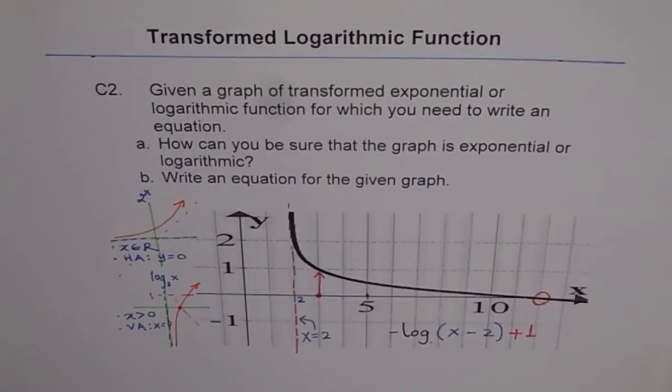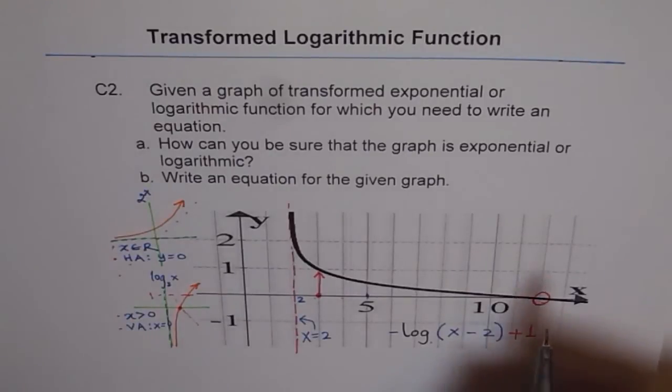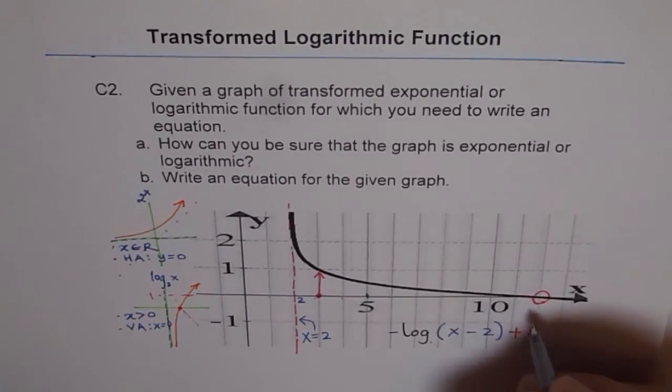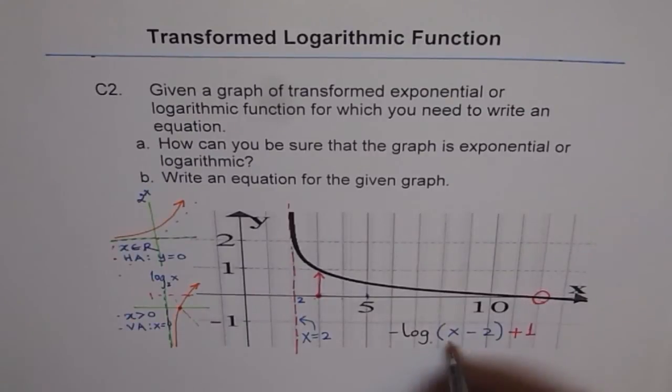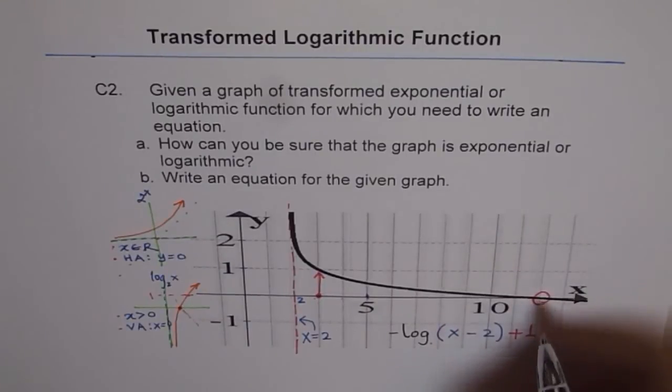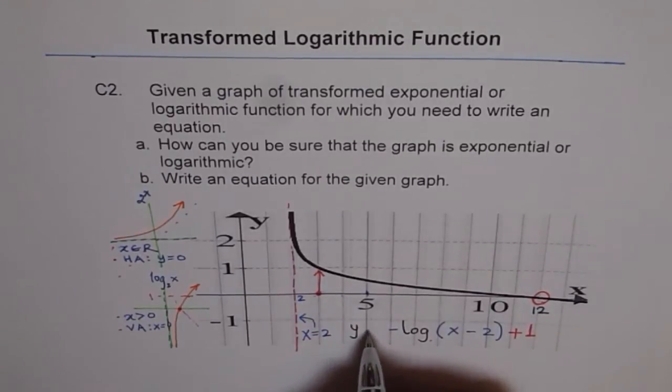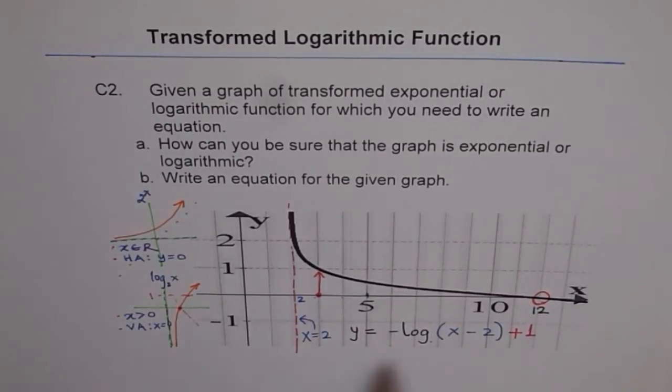This is a good point to check. What is this point? This point is at 12, right? So if I write x as 12, then I should get 0, the x-intercept. How can I do that? Let me put x as 12 in my equation and try to get y equals 0.